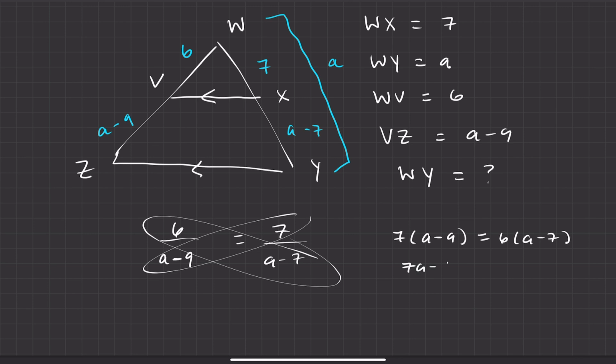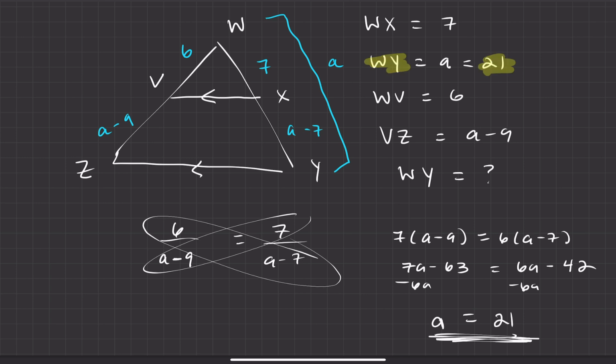So 7A minus 63 is equal to 6A minus 42. So then we'll subtract both sides by 6A. A equals 21. So A is equal to 21. Okay? So if A is equal to 21 and we let WY be A, that is how long WY is.